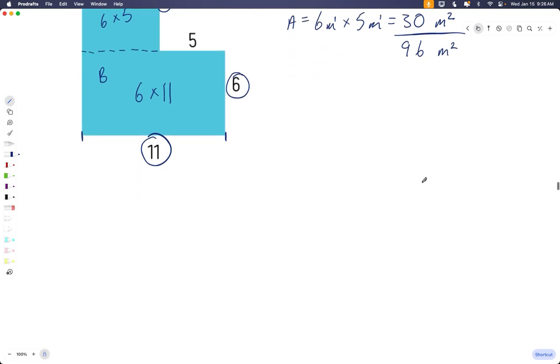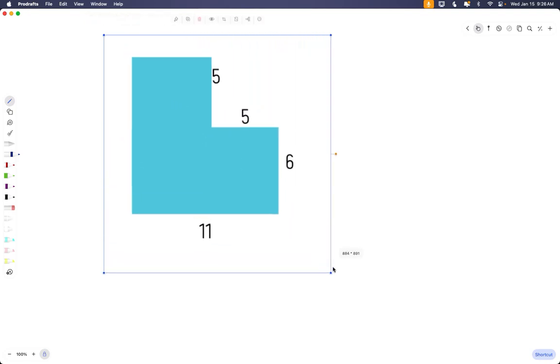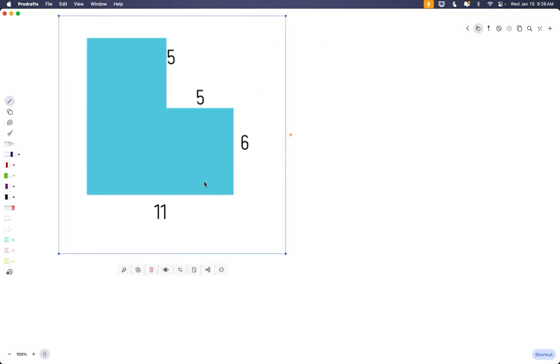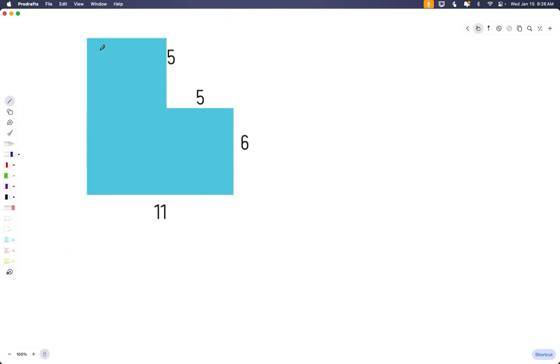There's another way to do it. Let me pull that picture back up. So the other way to do that is through subtraction. So I could really easily say, okay, let's pretend the whole thing is there, right? So I have 11 this way, and if I have 6 here and 5 here, then I have 11 this way.